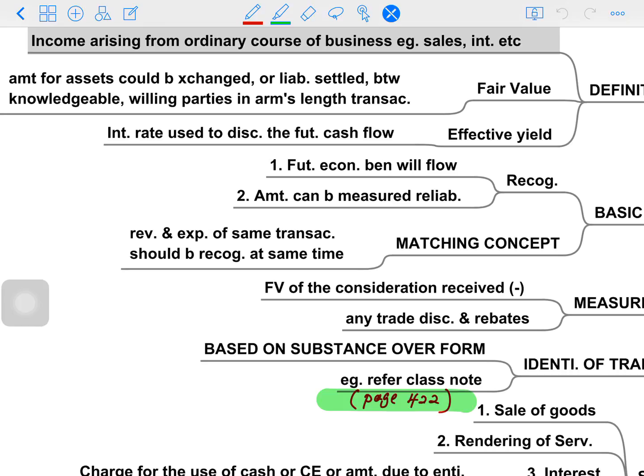The seller must be knowledgeable, the buyer must be knowledgeable, and both must be willing, meaning they are acting on free will to transact. And an arm's length transaction means it is a fair transaction, where nobody is dominant in terms of knowledge, ability, capability, and bargaining power.